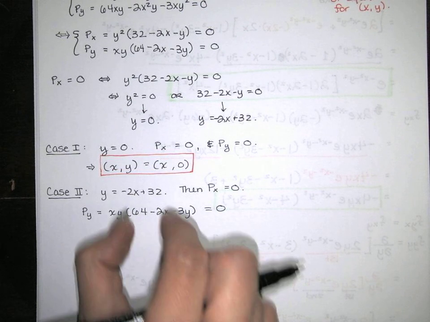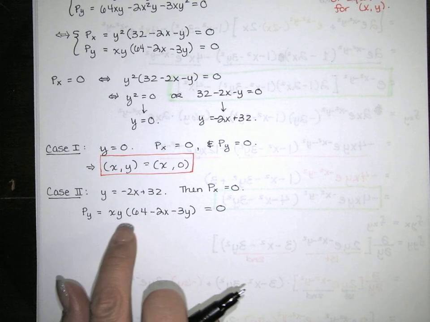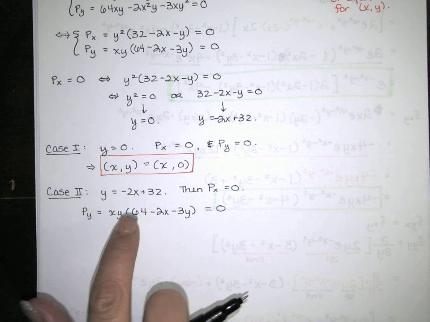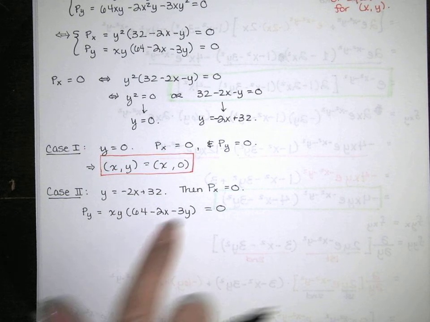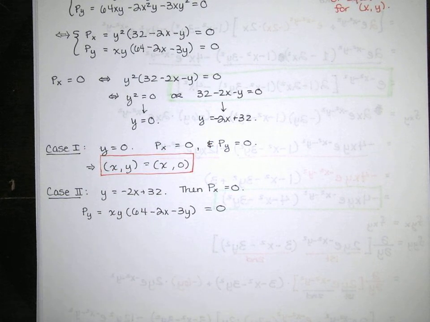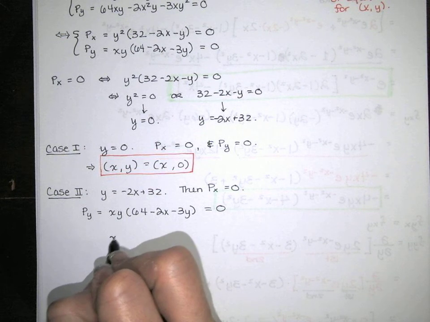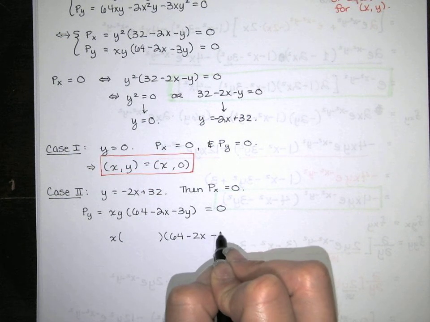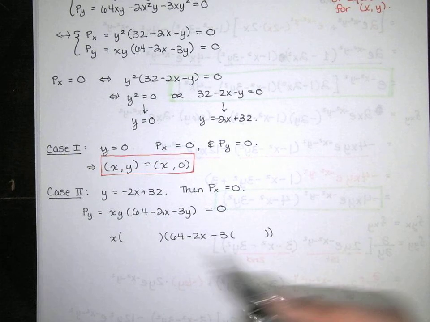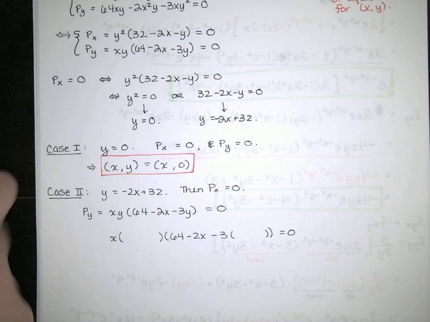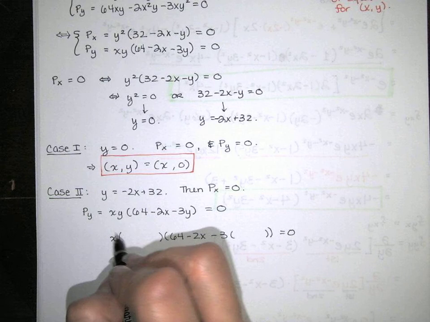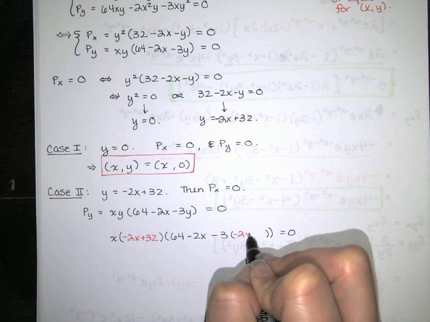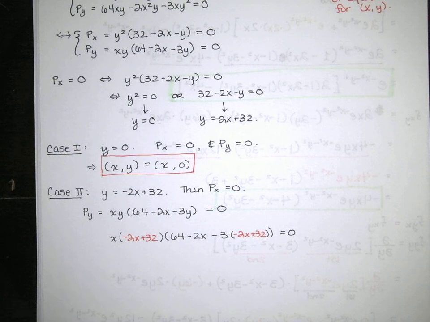I need this to be 0, so I'm going to substitute negative 2x plus 32 for y, and then I'll find out what x has to be. So I've got x times y, and then I have 64 minus 2x minus 3 times y, equals 0. And we're on this line, so we replace y with negative 2x plus 32. And we see what we get.